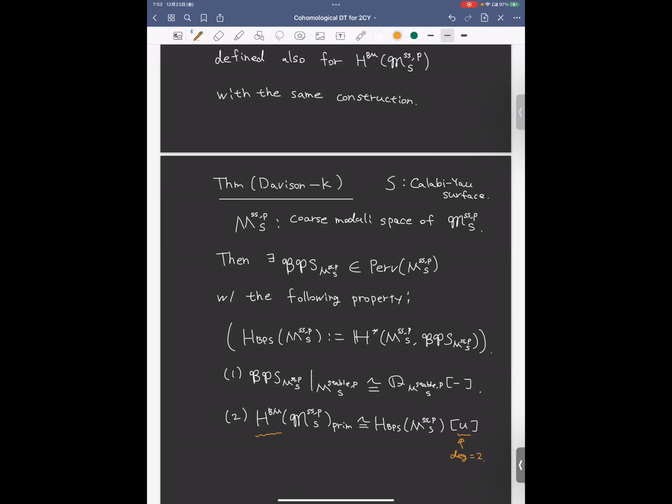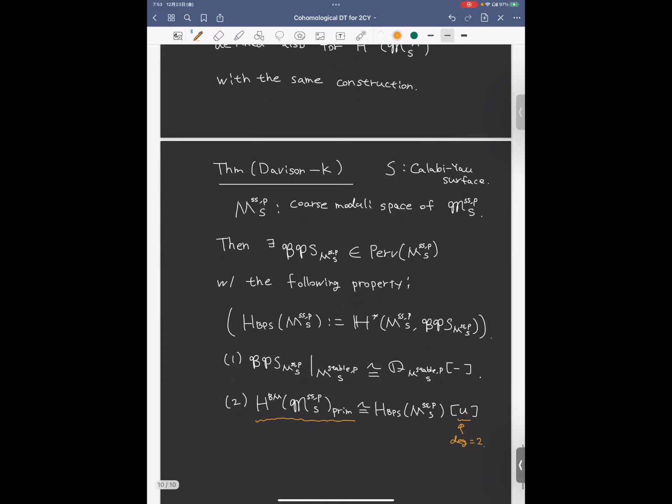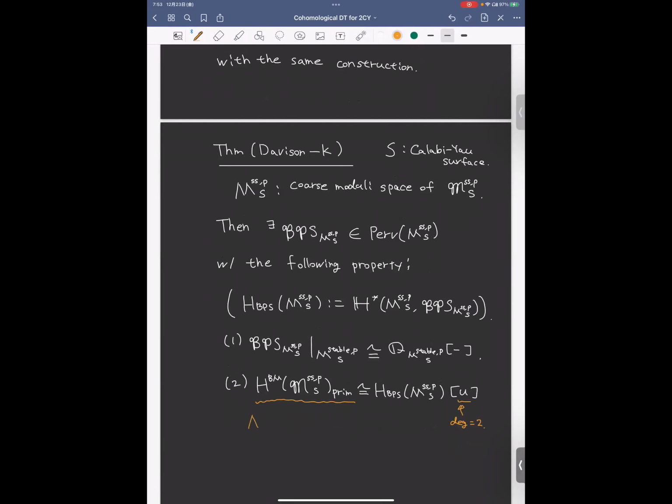Here, the primitive part is defined for a general coalgebra. The primitive part of A is defined by the locus where the coproduct is as simple as possible.